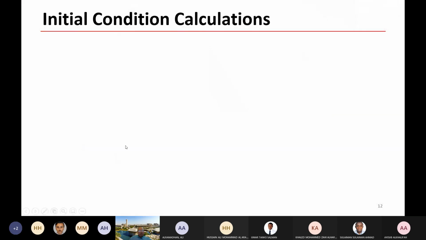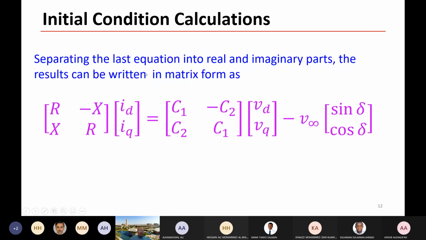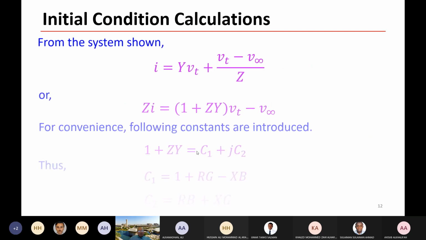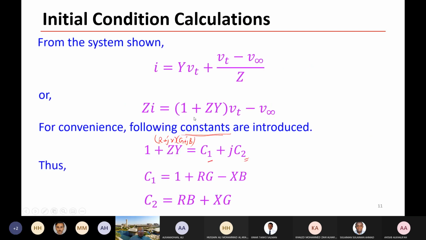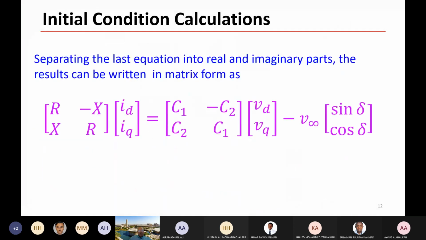And also we can go forward and replace VT, V, ID, V infinity, and so on. You can have this equation. This is very simple. You just need to replace I here by ID plus jIQ, VT, these are the constants here, C1 plus jC2, and V infinity D and V infinity Q, defined earlier. So you can end up with two equations as such. This represents the real parts, and this represents the imaginary parts of the system.